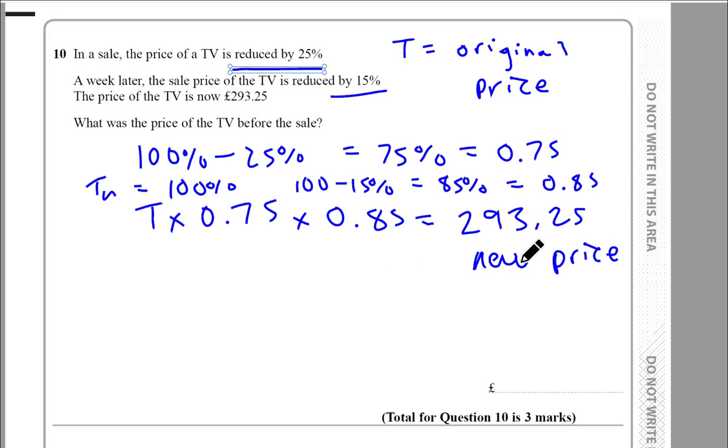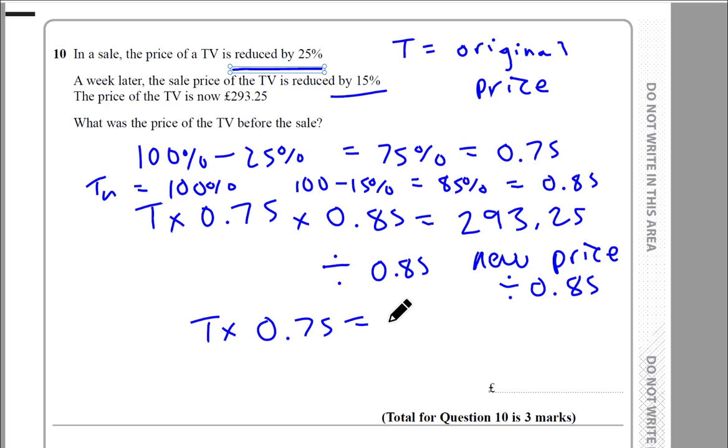So to work this out, I'll show you step by step. So if you divide by 0.85 both sides, you get T times 0.75 equals 345.